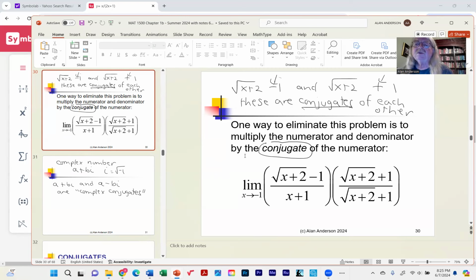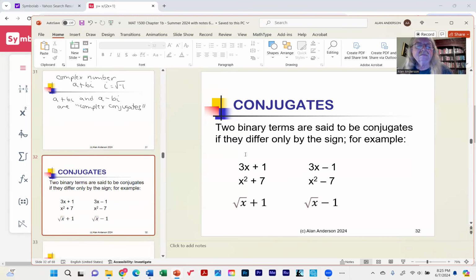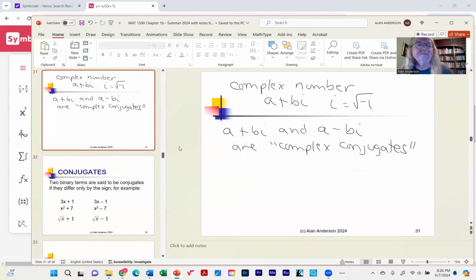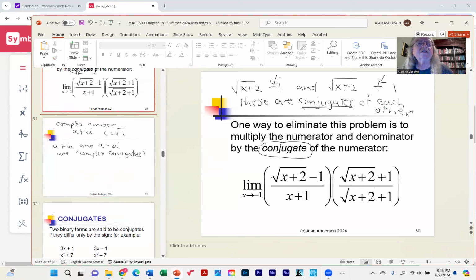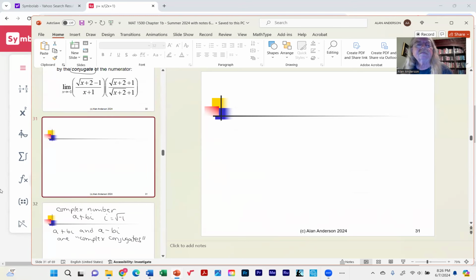Now, we can multiply together. Let me just do this on the next slide. What happens when you multiply radical x plus 2 minus 1 times radical x plus 2 plus 1? So why don't we try FOIL?